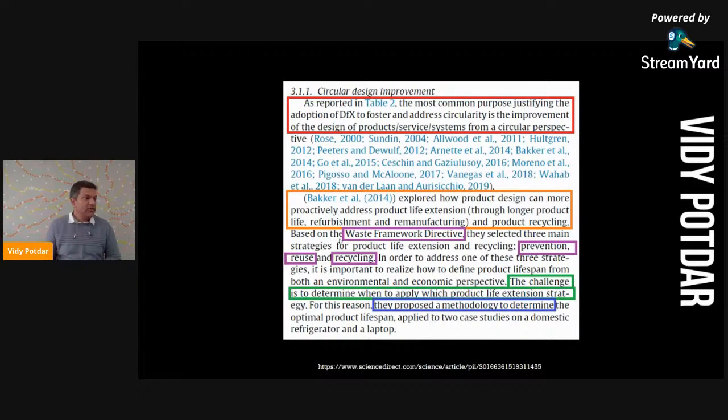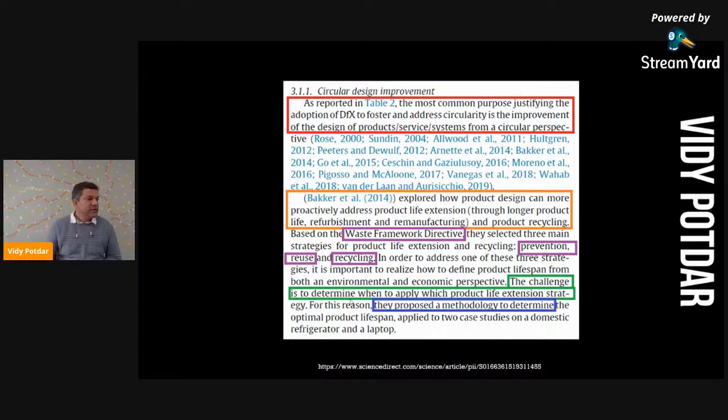So based on the waste framework directive, so they are using an existing framework. They selected 3 main strategies: recycling, prevention, reuse, and recycling. In order to address one of these 3 strategies, it is important to realize how to define product lifespan.